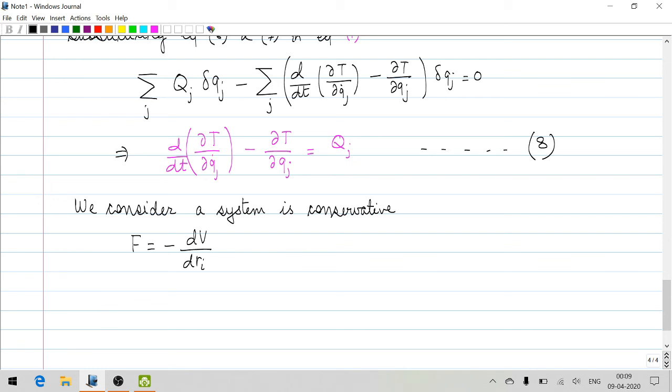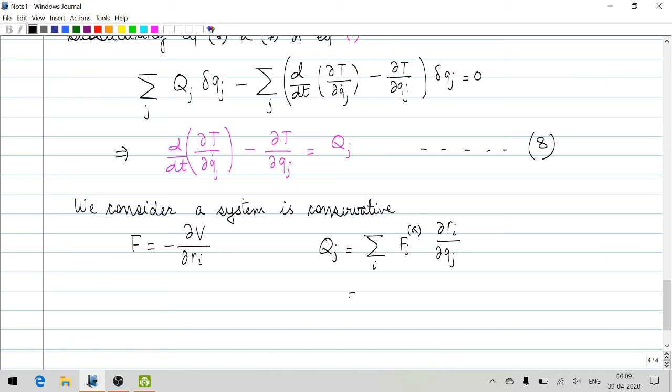Since there are various Ri's, we'll write this as a partial derivative. Remember one thing, V is not a function of any other thing like velocity or any other term. So it is purely a function of Ri only. And then I can write this as, so we know Qz is summation over i Fi dot dou Ri by dou qz.